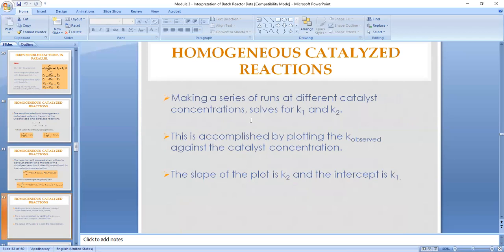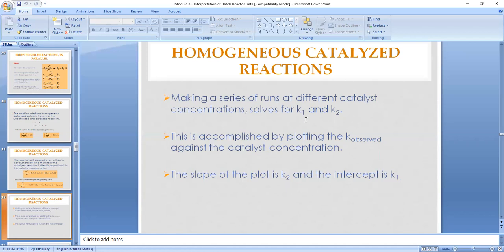Now, how do we tackle problems concerning homogeneous catalyzed reactions? We first need our empirical data. Making a series of runs at different catalyst concentrations will allow you to solve for K sub 1 and K sub 2.